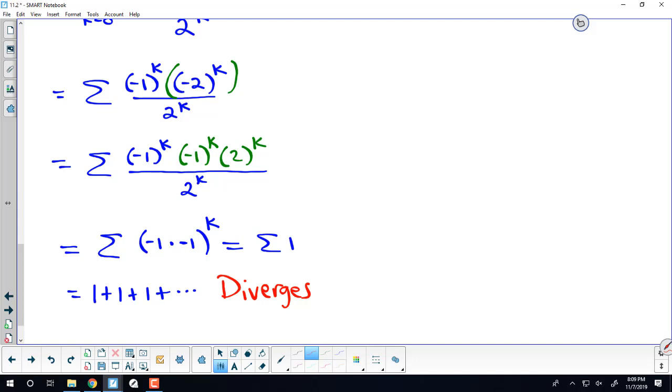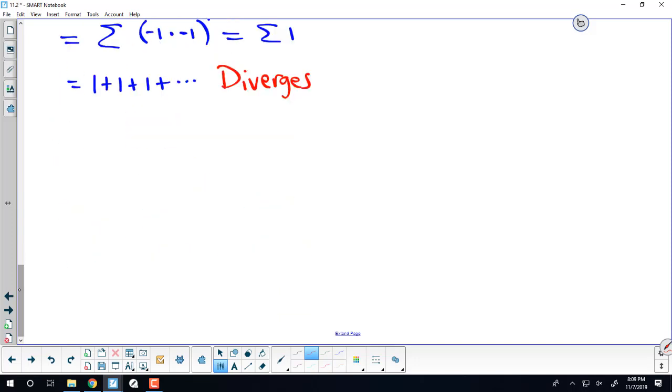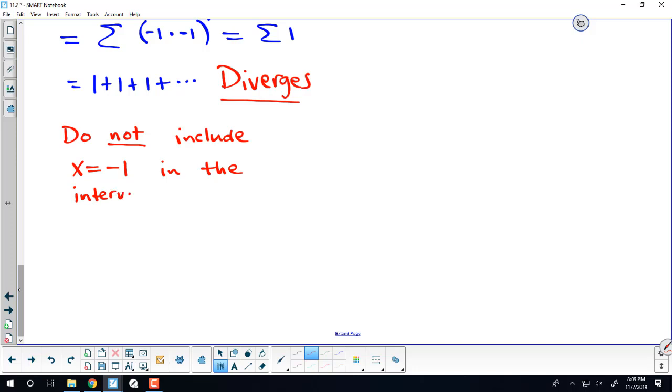You don't include it, right? It's not a part of convergence. So since this series, when x is -1, diverges, we do not include x equal to -1 in the interval of convergence.